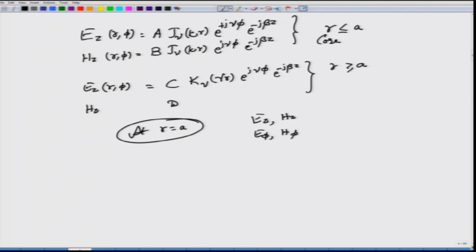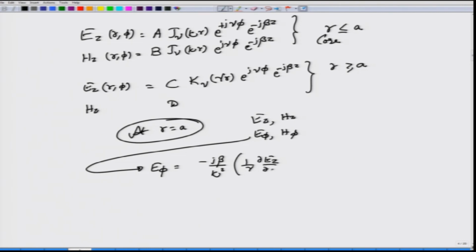To get these expressions for E phi and H phi, you should refer to step 2. For example, E phi is given by minus j beta by kappa square times 1 by r del Ez by del phi, plus j omega mu divided by kappa square times del Hz by del r.